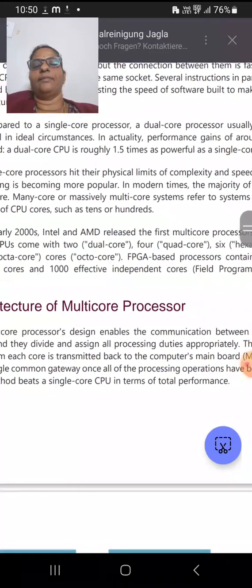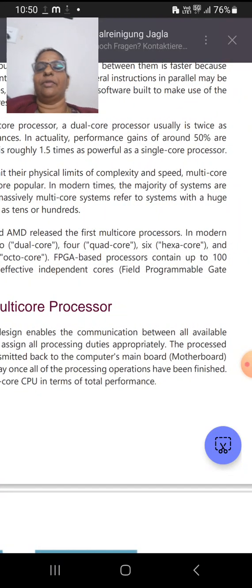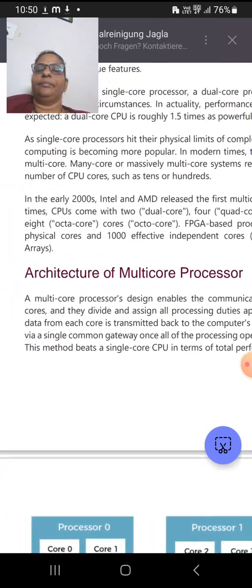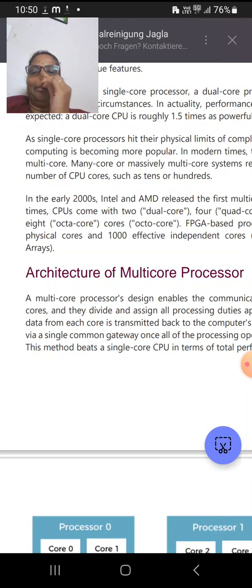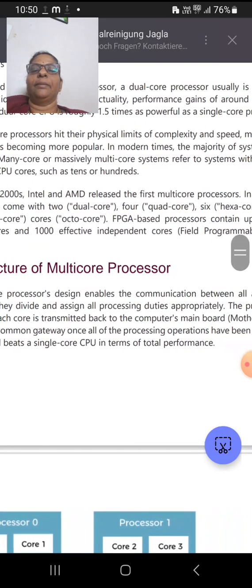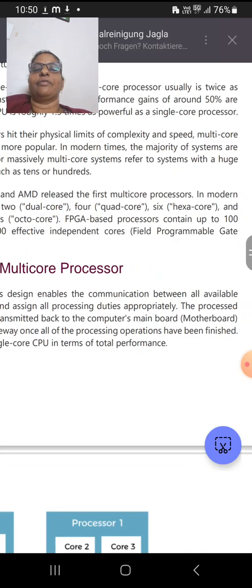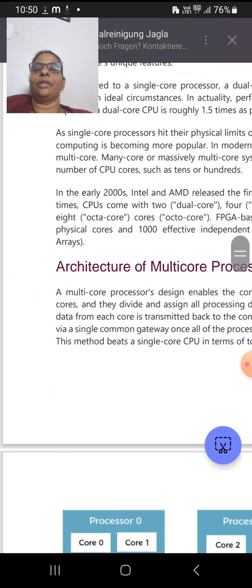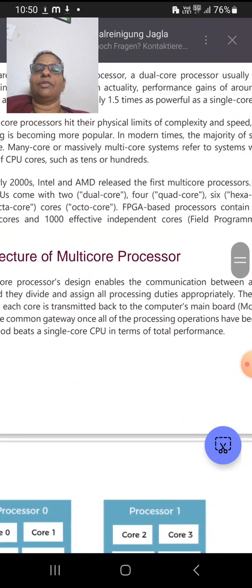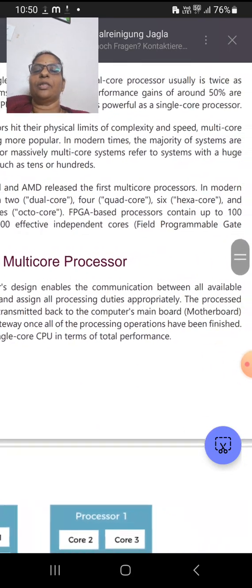In modern times, the majority of systems are multi-core, and many-core or massively multi-core systems refer to systems with a huge number of CPU cores, such as tens or hundreds. In the early 2000s, Intel and AMD released the first multi-core processors.